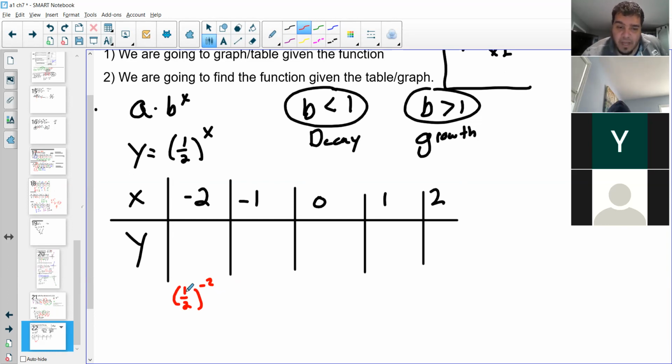So I'm going to rewrite this to make the exponent positive by flipping the fraction: 2/1. Any negative exponent will flip the fraction, especially if it's the whole fraction getting the negative exponent. Well, 2/1 is simply 2, and 2 squared is simply 4. So your first value is 4.